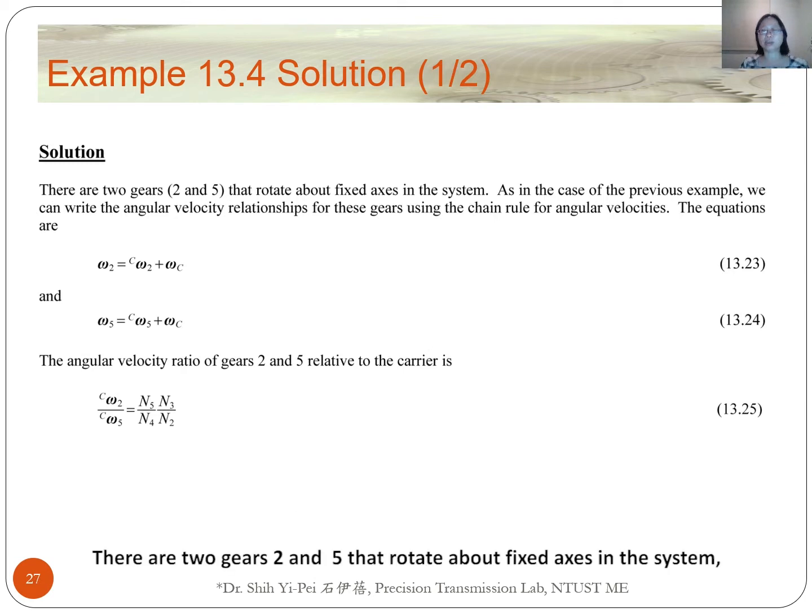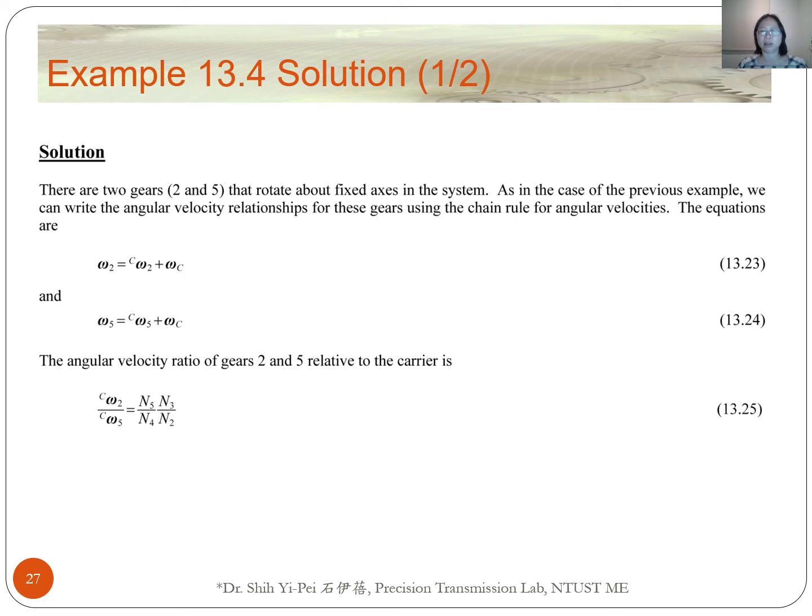There are two gears, 2 and 5, that rotate about fixed axes in the system, and we can write the angular velocity relationship for these gears using the train rule for angular velocities. The equations are like this.